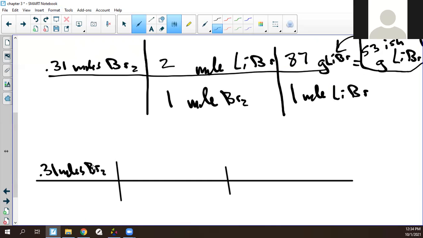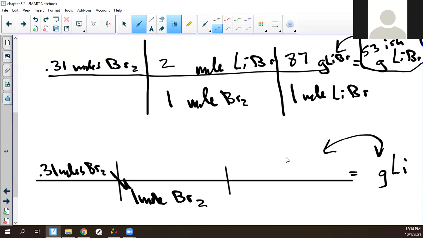Now, Aisley asked a great question. She said, can I just do it with the grams? Absolutely. If that shoe's more comfortable, then wear it. Okay, this is the same down here, 1 mole Br2, but now I'm solving for grams of which one? Of lithium. So this would be 7 grams of lithium. Grams is always tied to 1 mole of lithium.